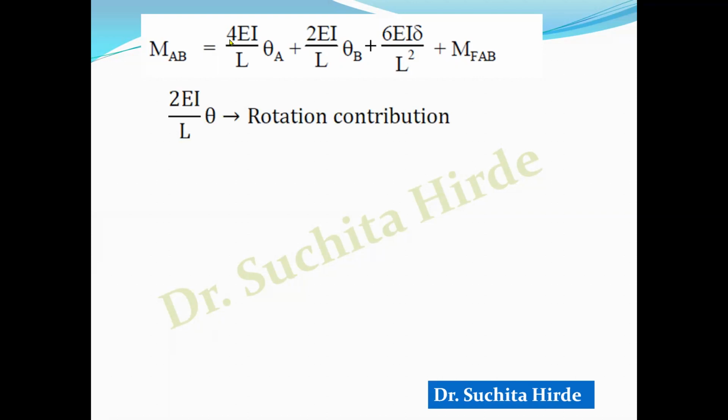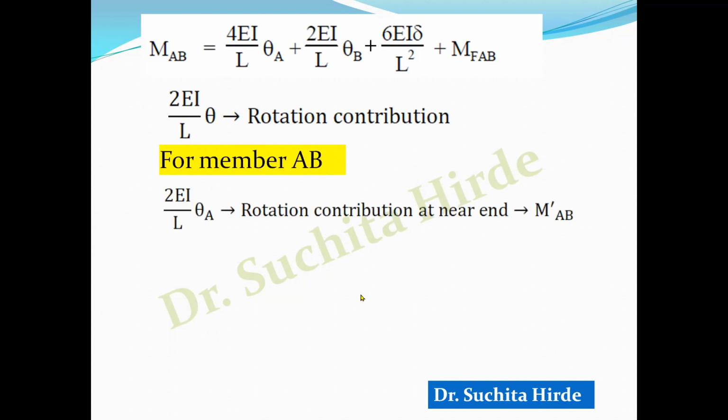So there is 2 multiplied by rotation contribution at near end, then rotation contribution at far end, and this is called displacement contribution. For member AB, 2EI by L theta A is known as rotation contribution at near end, so there is 2 times rotation contribution at near end for any member.